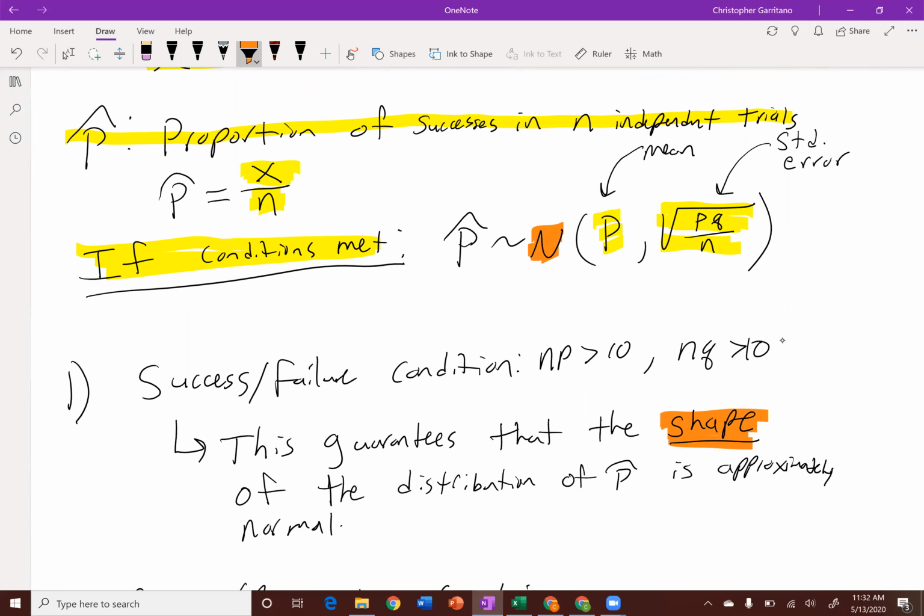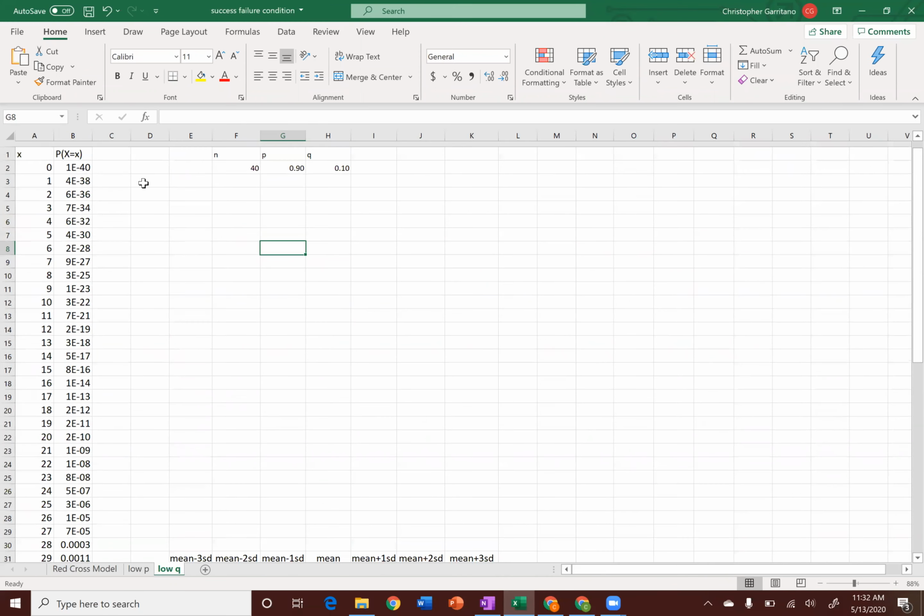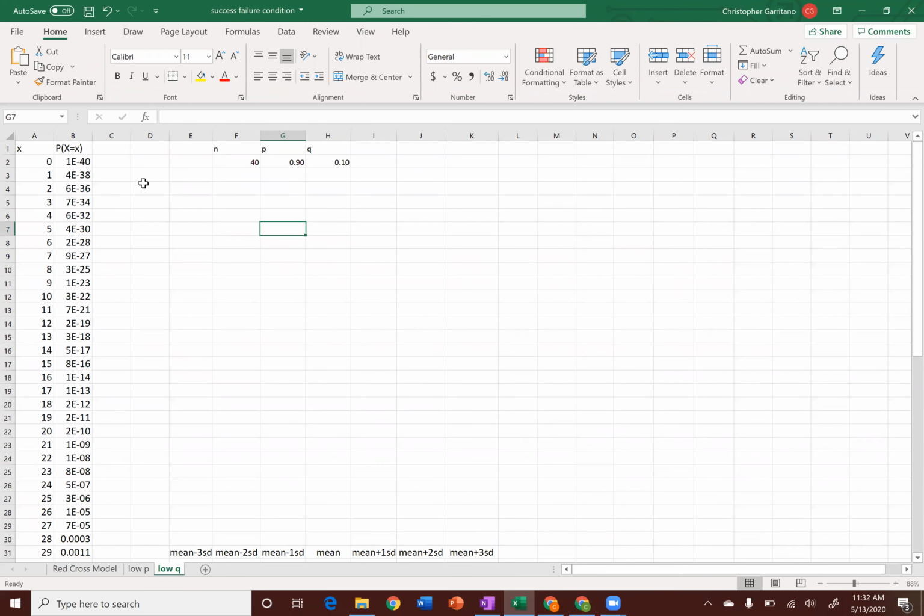Now let me show you why this is, using this example. You might have seen this in a previous video, but if not, I'm just going to go through this quickly. What I have here is an Excel file of a binomial random variable. There are 40 independent trials, and the probability of success is 0.9.